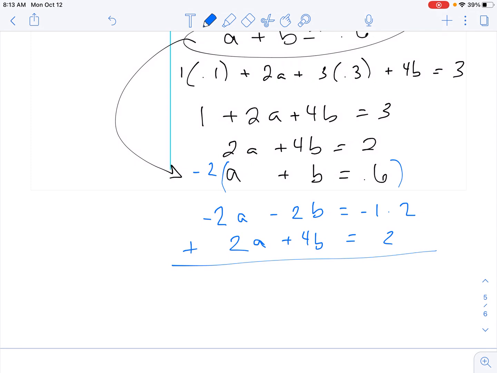When I add it, the a's will be eliminated. I'm left with 2b equals 0.8, and I can divide by 2.